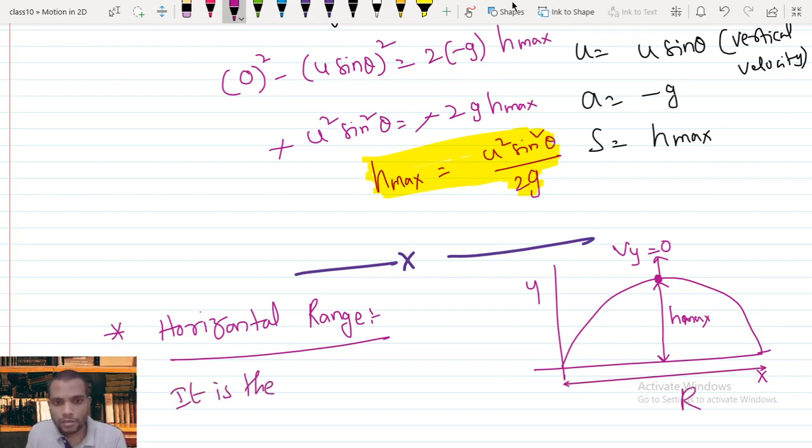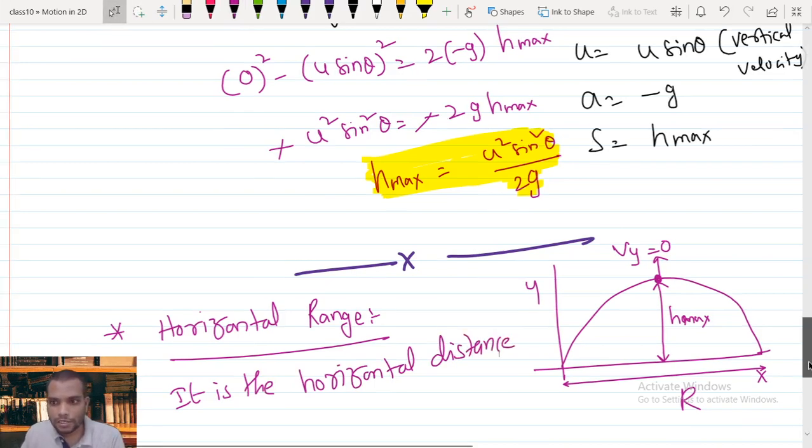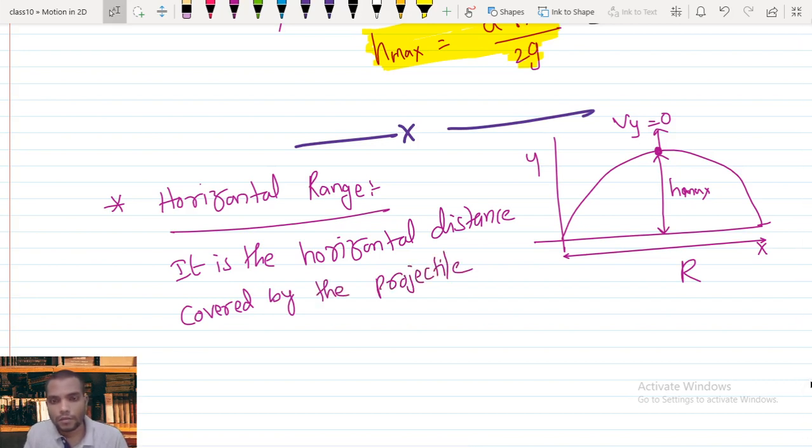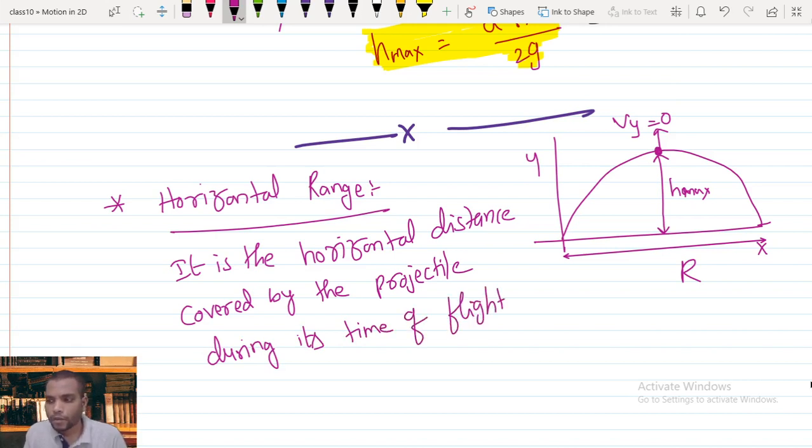It is the horizontal distance covered by the projectile during its time of flight. That we define as the horizontal range.